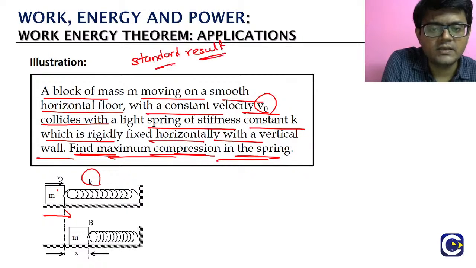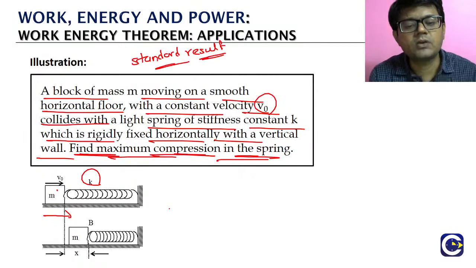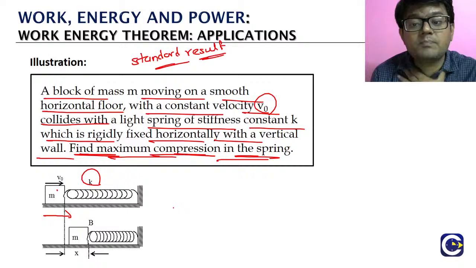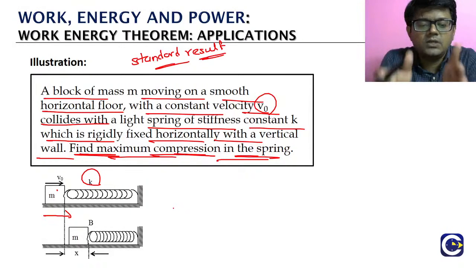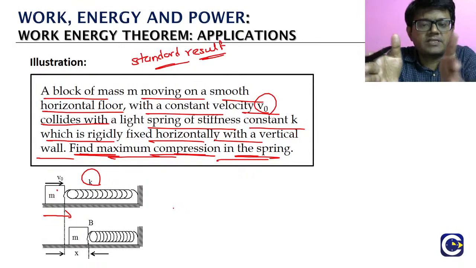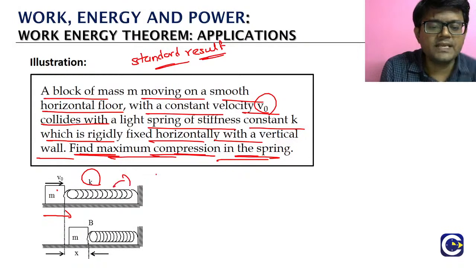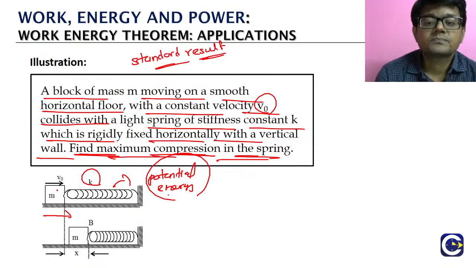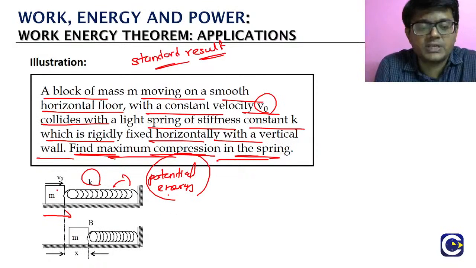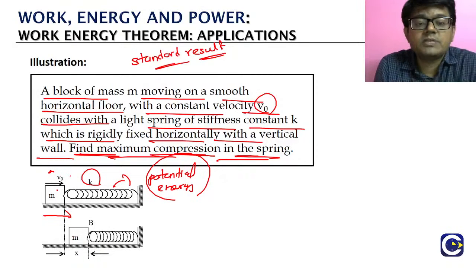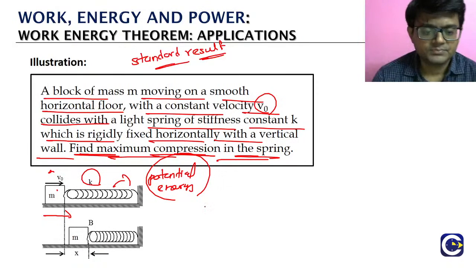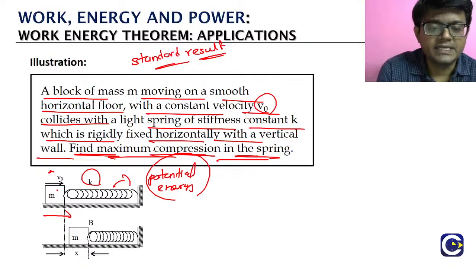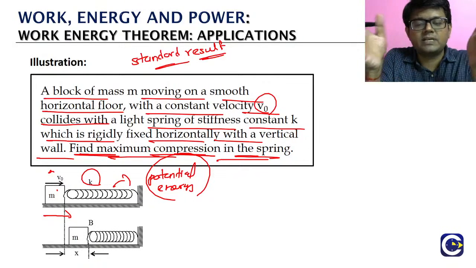Standard result. So what do we calculate? We should calculate the maximum compression in the spring. When the spring is getting compressed, the spring will gain potential energy, but the object will be losing its kinetic energy. What does maximum compression mean?